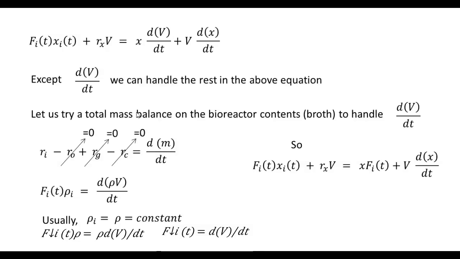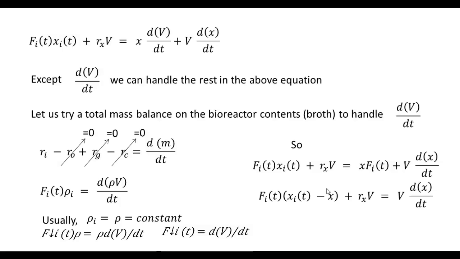Therefore, this equation becomes Fi(t) Xi(t) plus Rx times V equals x times Fi(t) plus V dx/dt. So the dV/dt we have replaced by Fi(t) here. The rest is the same.